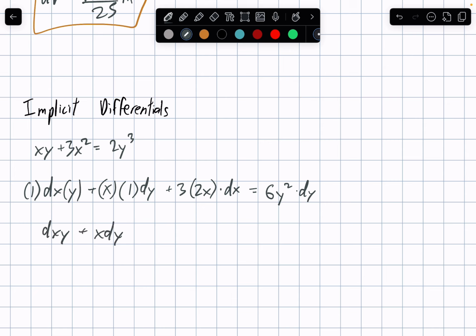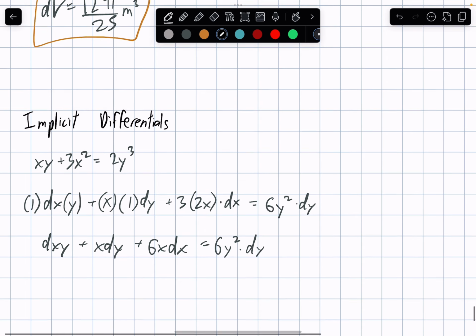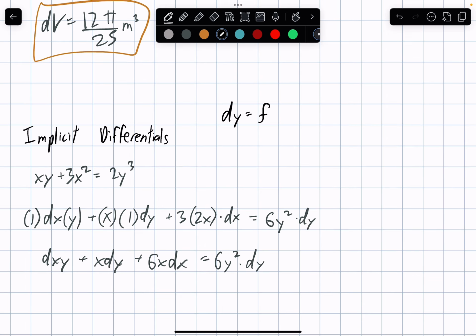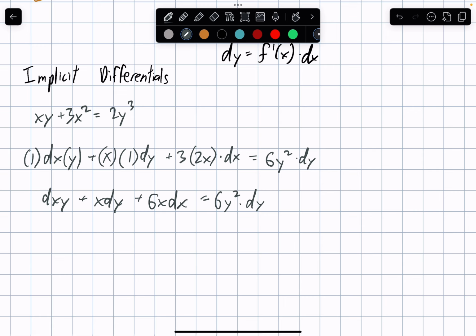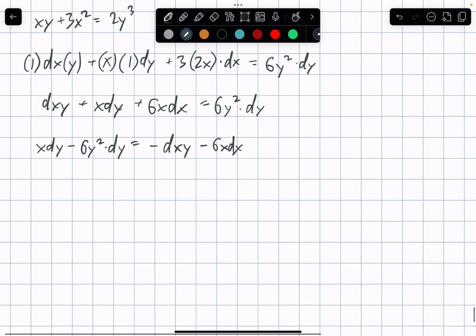dx y plus x dy plus 6x dx equal to 6y squared times dy. So in differentials, again, the format is dy equal to derivative times dx. So all dy will be at the left side. x dy minus 6y squared dy equal to negative dx y minus 6x dx.